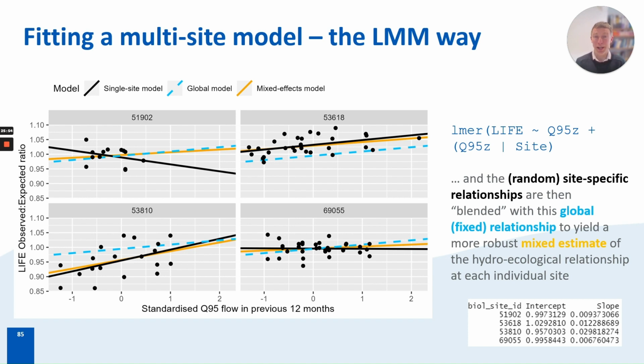So another way of thinking about it is that the site-specific relationship is pulled towards the global relationship, and it's pulled more for those sites which are data poor or have very weak relationships. And that tendency for the site-specific relationship to be pulled towards the overall global relationship is called shrinkage.